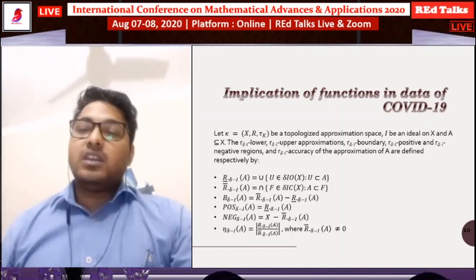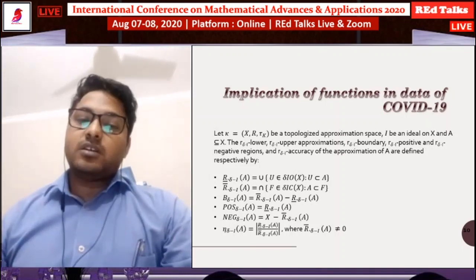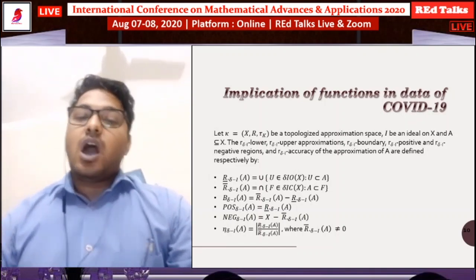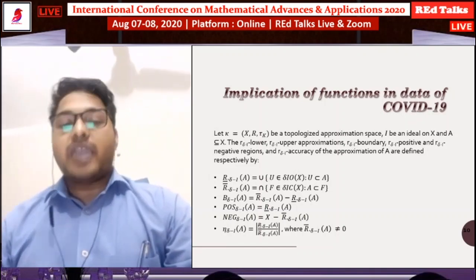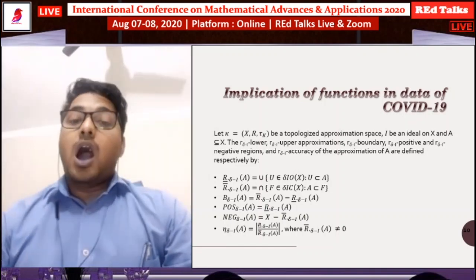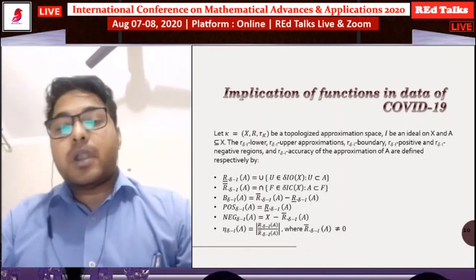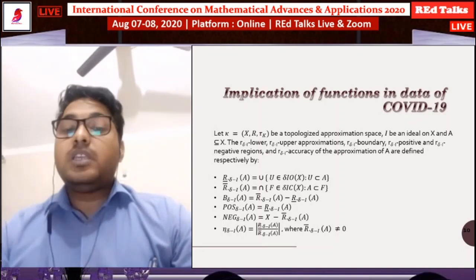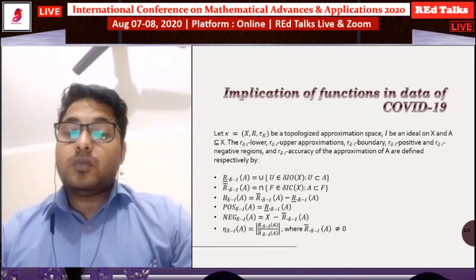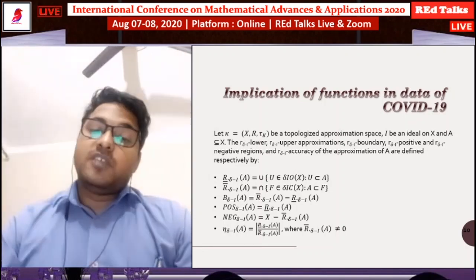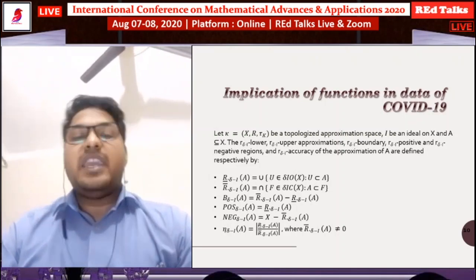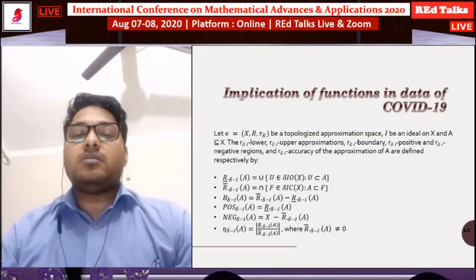Before we check the accuracy, we should understand what we mean by Rδ_I accuracy, Rδ_I lower approximation, Rδ_I upper approximation, boundary region, positive region, and negative region.